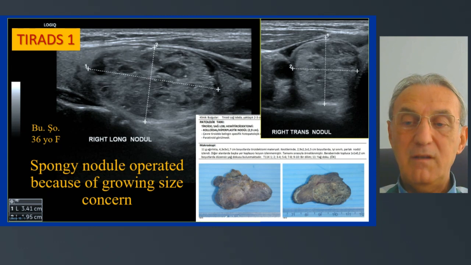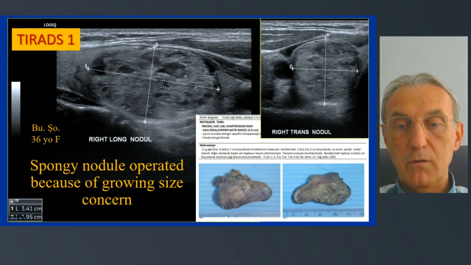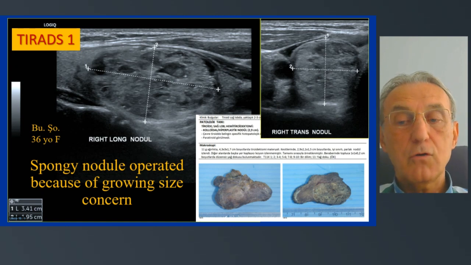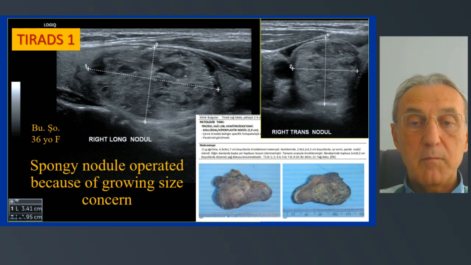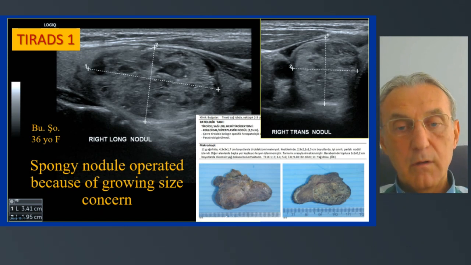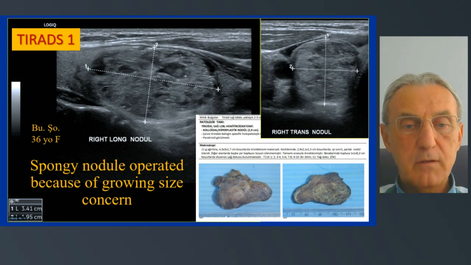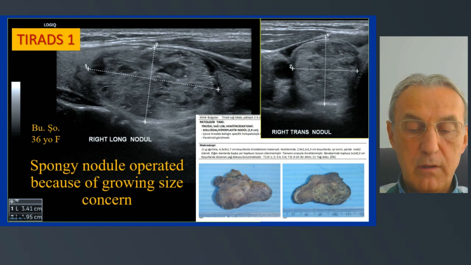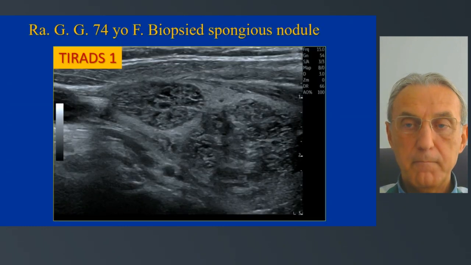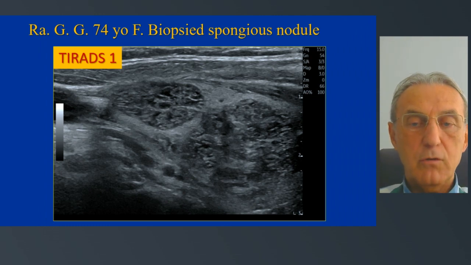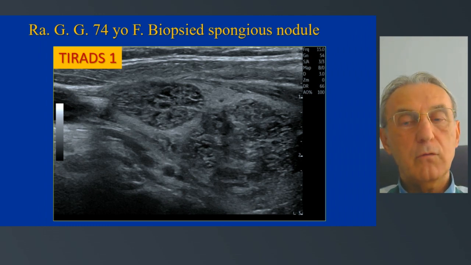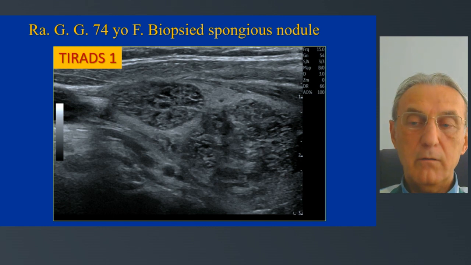This is a typical sponge nodule, but since it is big and it was growing in size, because of the size concern, the surgeon convinced the patient for operation and it was operated. This was also a big spongious nodule according to American Thyroid Association criteria.